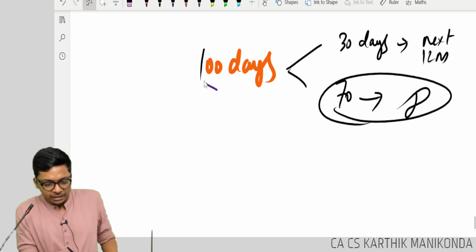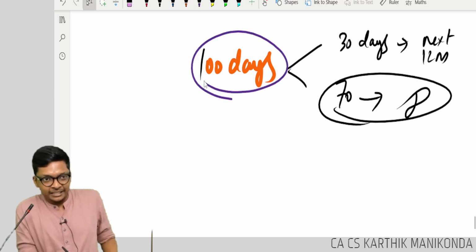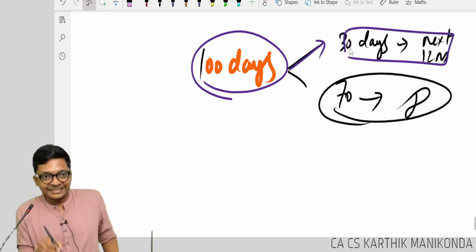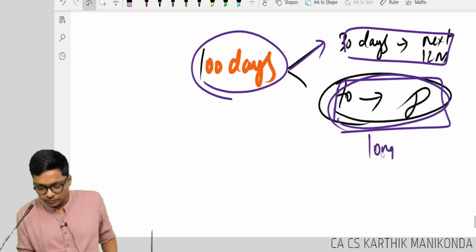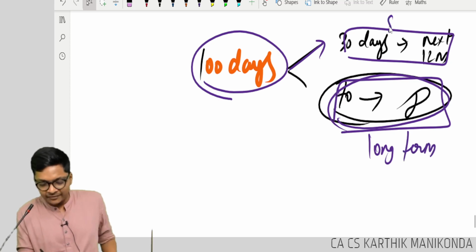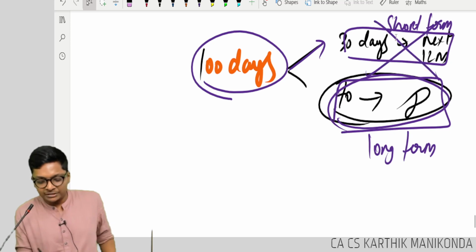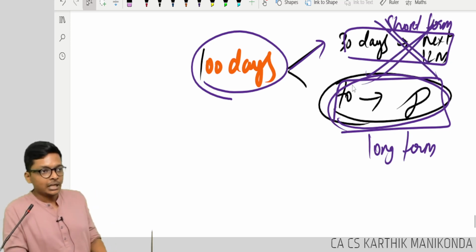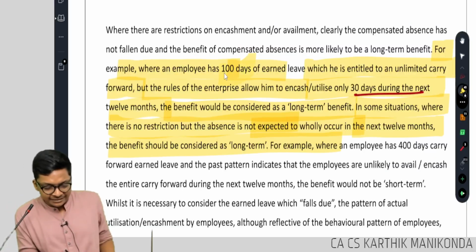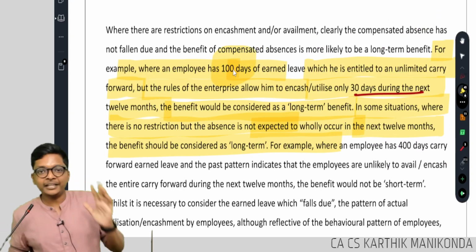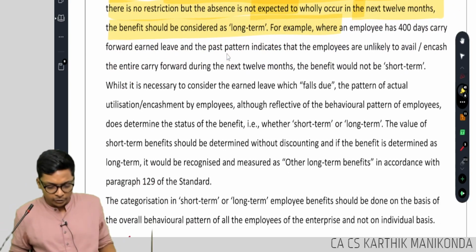Here it's more like totally 100 days leave. In this 100 days, 30 is this year, 70 is next year. This 30 will be short term, because if you don't use it, it will lapse. Are you following, guys? Clear? The wording is trying to say that in this, only the 70 will be long term. Following?